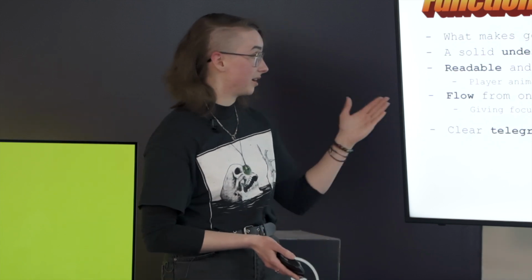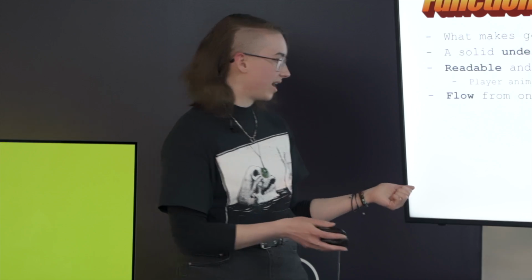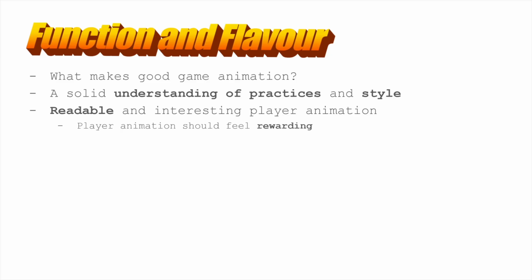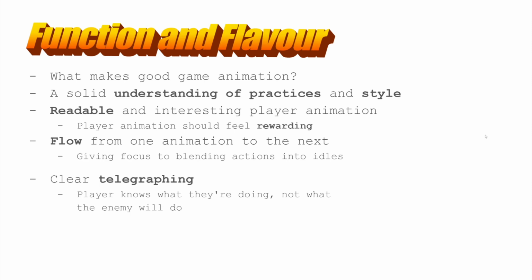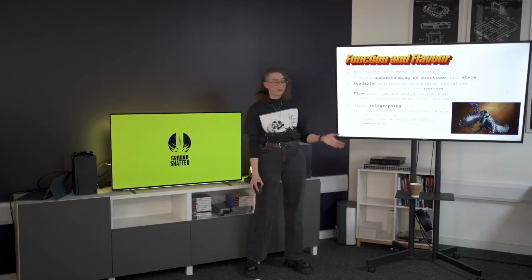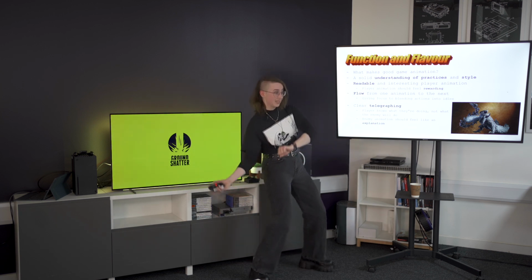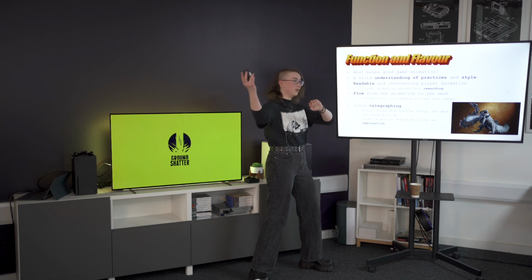And that's why player animation is rewarding. But for enemy animation, it should feel like an explanation. It should feel like you know what's going to happen. They're like, okay, something's going to happen here. And that's where it comes from, the big hit, the big movement coming over.